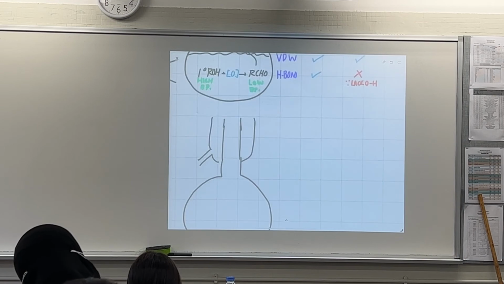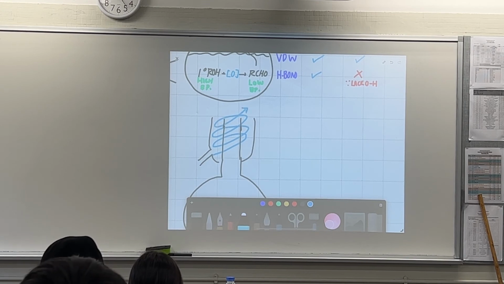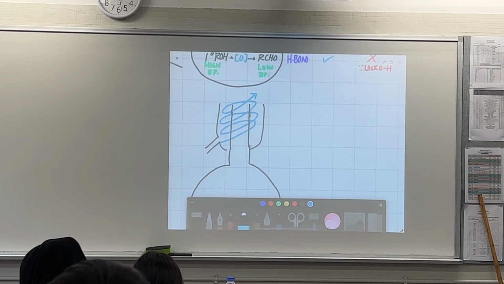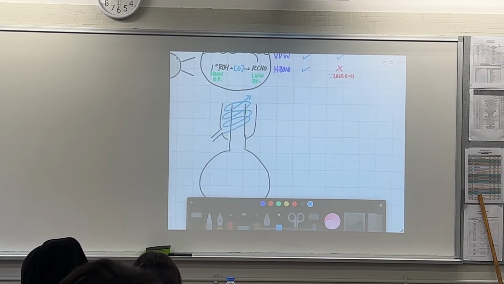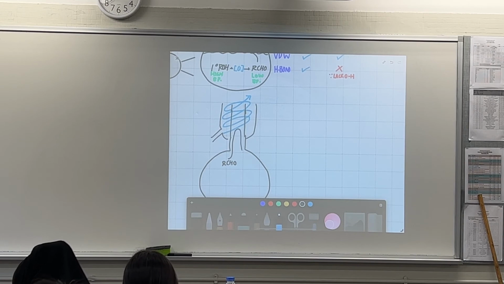In the condenser, of course, there is a lot of water. So the water, for those of you doing physics, you know it's a very good coolant, okay? Even biology, you know, it has a very high specific heat capacity, okay? So it can absorb the heat from the aldehyde. So as the aldehyde makes its escape through the condenser, it wouldn't be able to escape fully.